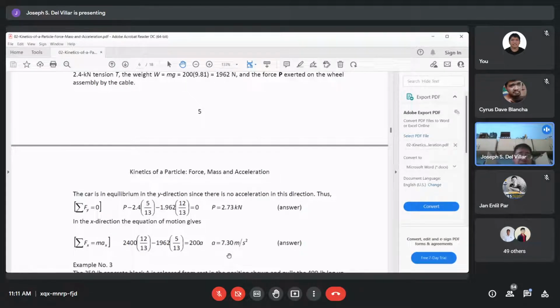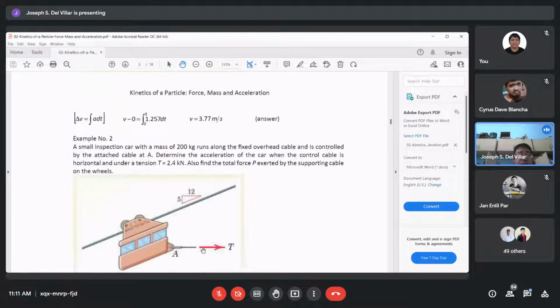Now, in the x direction, since the motion goes there, that is where we get the acceleration, because one of the requirements is to determine the acceleration of the car, and then find the total force P. We already got P, we just need the acceleration.